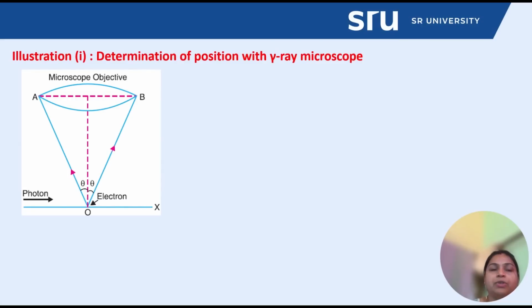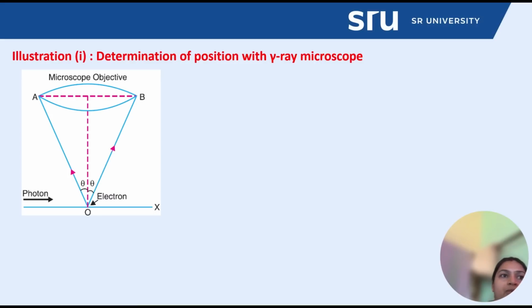So now, two illustrations of this Heisenberg uncertainty principle. In this experiment, suppose we try to measure the position and the linear momentum of an electron using an imaginary microscope with very high resolving power, as shown in this diagram.